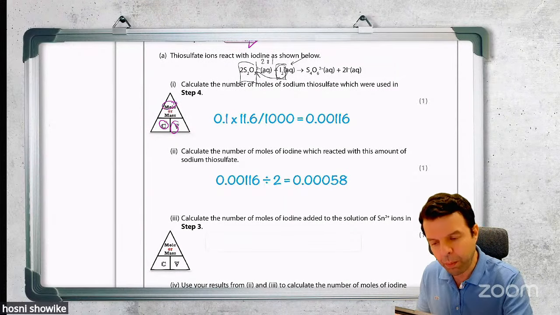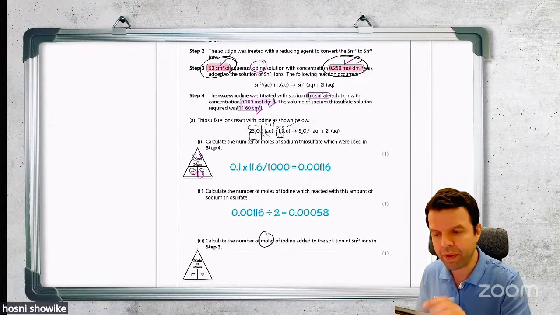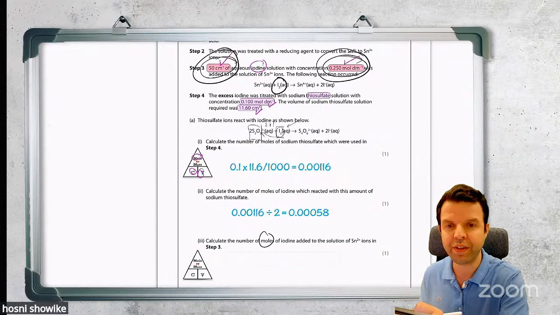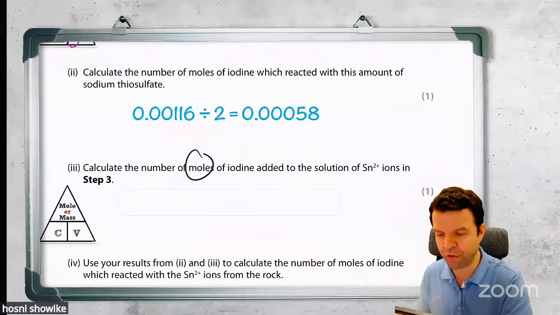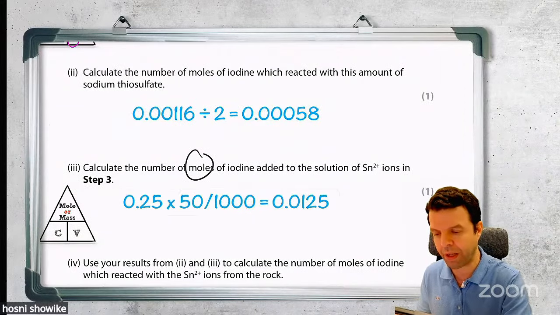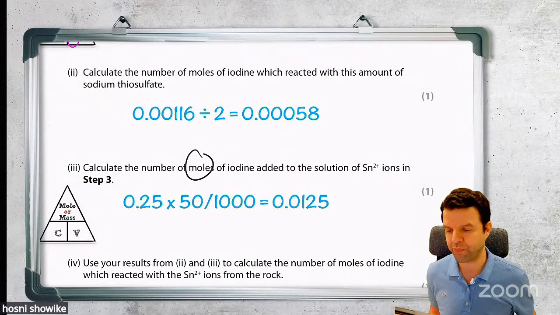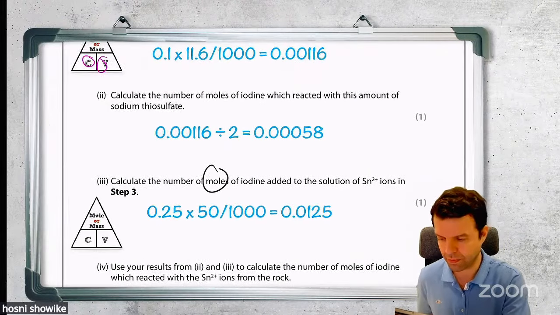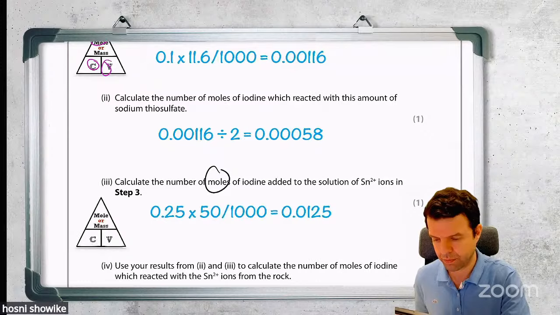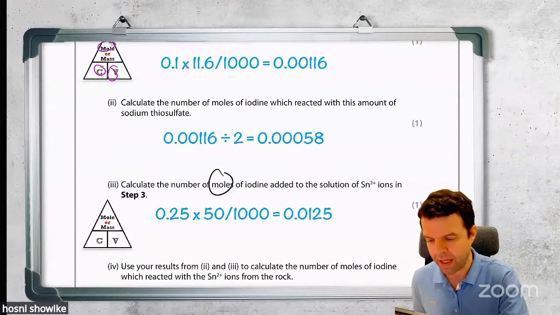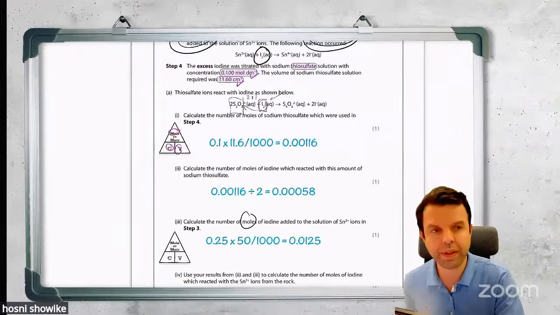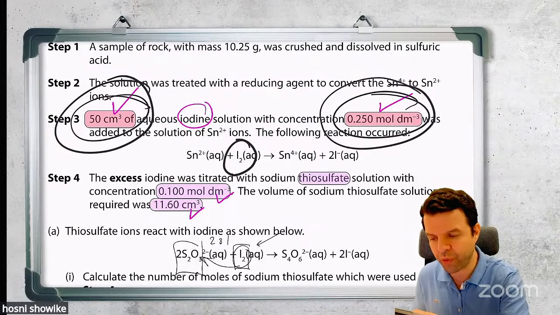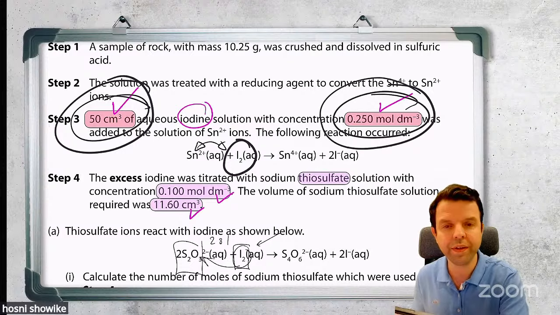Now they want me to find the moles of iodine from the first equation, which is those ones here. So I'll do 50 over 1,000 multiplied by concentration. Now, this is the iodine that was reacting with that tin.